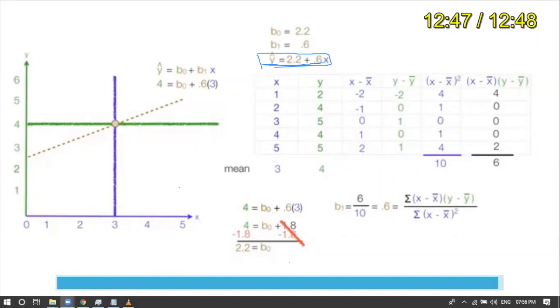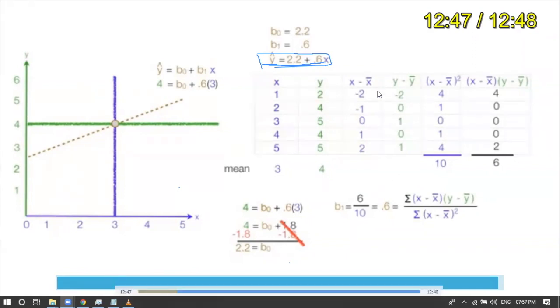It's fine if you have a limited number of values of x and y. Imagine we have 1 million values of x, or 10 million values of x. For each and every value, the machine has to find out x minus x naught, y minus y naught, the square of that, and the multiplication of those two terms.